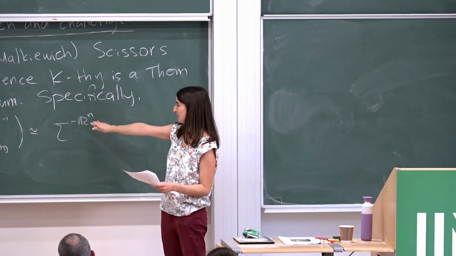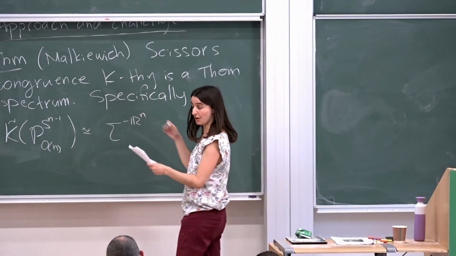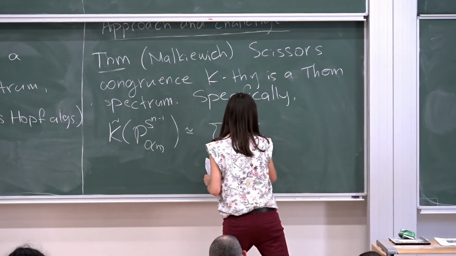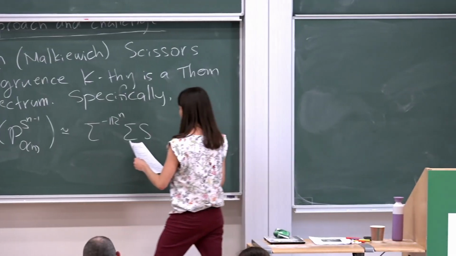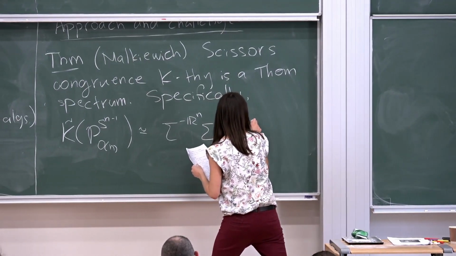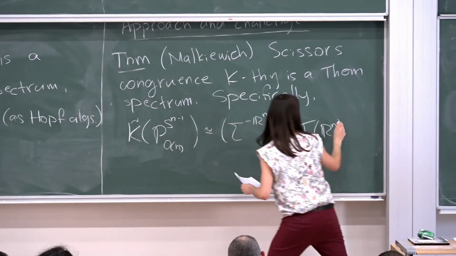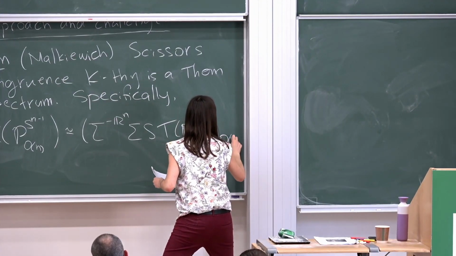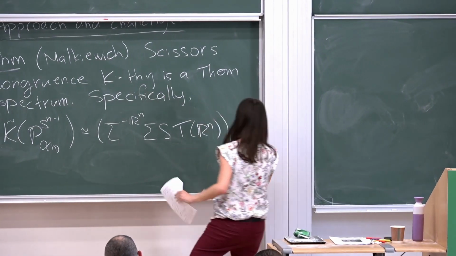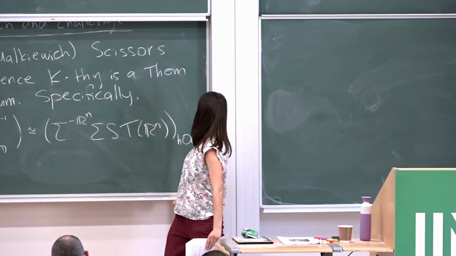So we're suspending by minus R^n, and then we have an unreduced suspension, a Tits building, and homotopy orbits. So don't worry, I'm going to say what all these terms are.